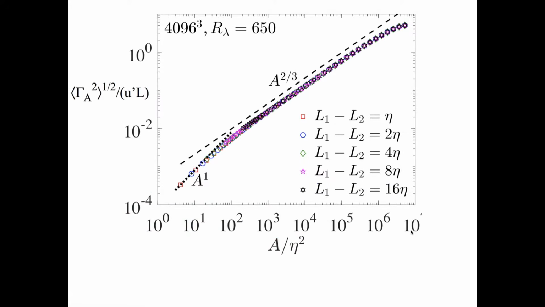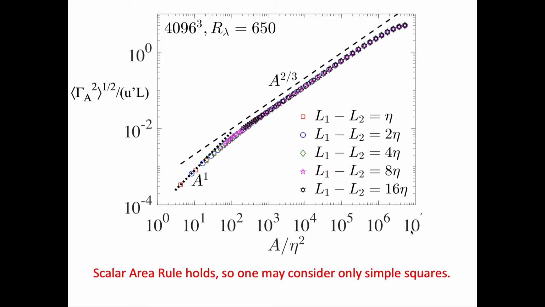So what it says, this is for L1 minus L2 is 16 eta, like that. Again, area here and the standard deviation there. You can see that, in fact, it is 2/3 and not 1/3. So we have already made significant progress on this, which is that the scalar area rule holds.